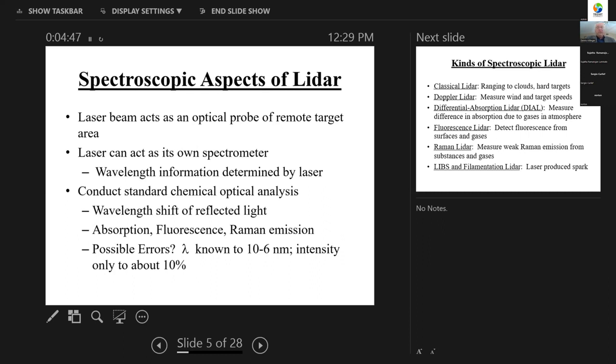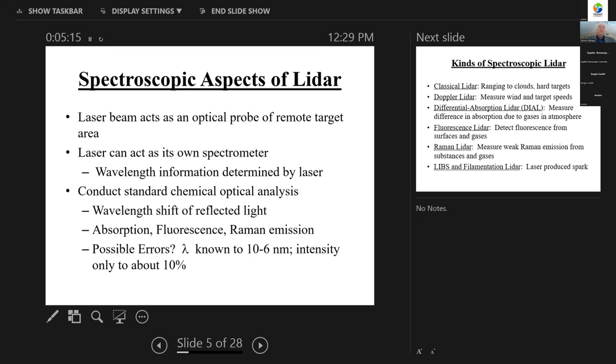The reason that's important is because that is related to the concentration of this gas. The intensity is only known through calibration. Some of the beam goes through the window out into the air. You also send some of that beam through an absorption cell in the laboratory in order to have a calibration.